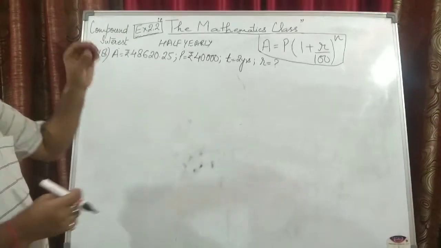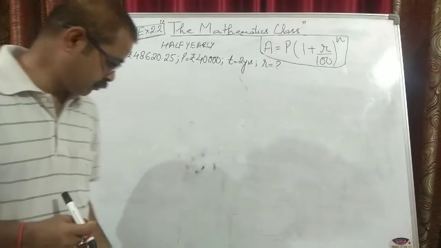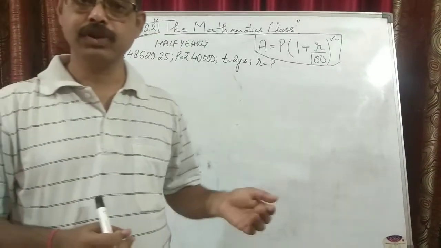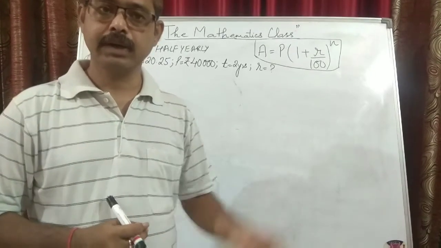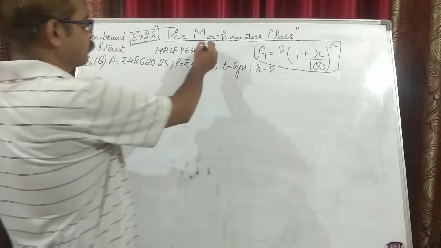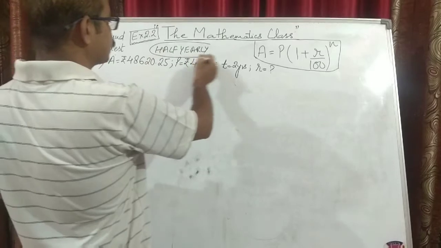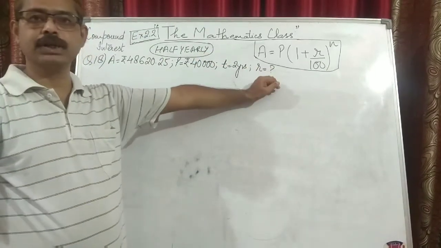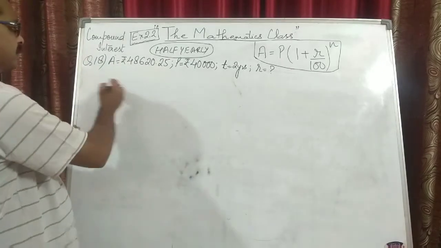Now question number 18 is similar to question number 15, but in the 15th question interest was payable yearly. In this, interest is payable half yearly. So the question is, amount is given, principal is given, time is given, you have to find out the rate. So I am writing it in the formula.